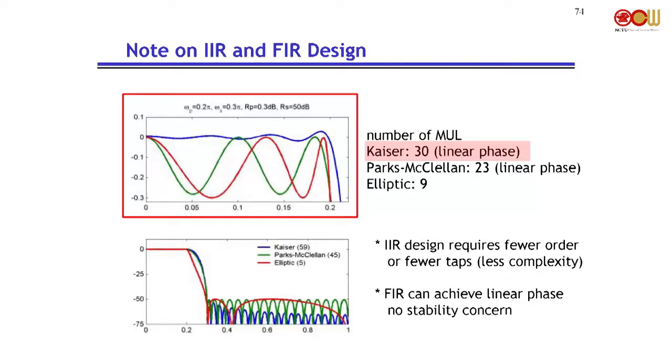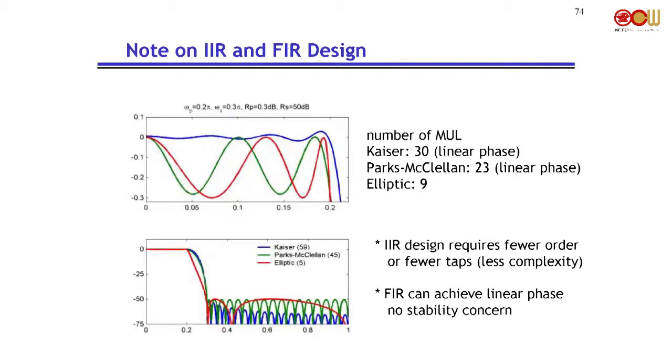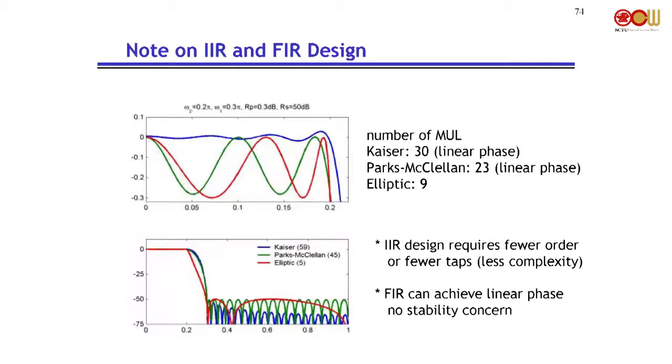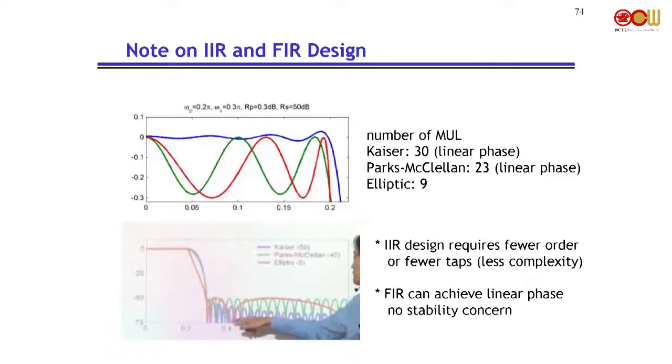The blue one is the Kaiser window, the green one is the Parks-McClellan, and the red one is the elliptic filter. So that's how they look in the pass band, and this is what they look like in the stop band. We can see that for the elliptic filter, the order is much smaller, so it doesn't have as many ripples, because 1 dip will correspond to a 0.